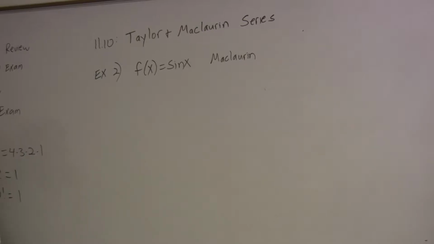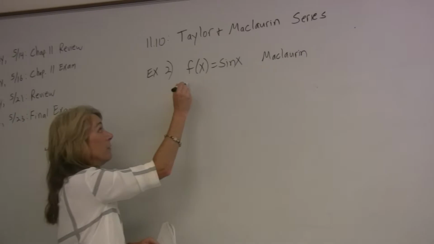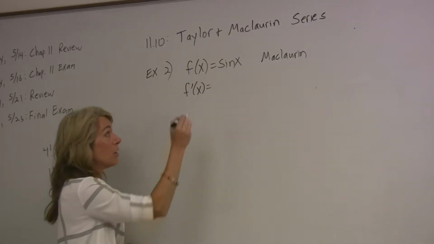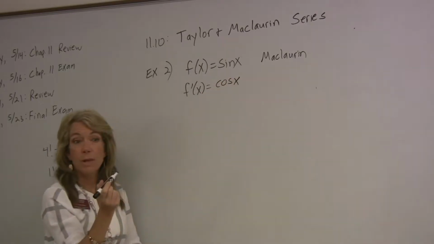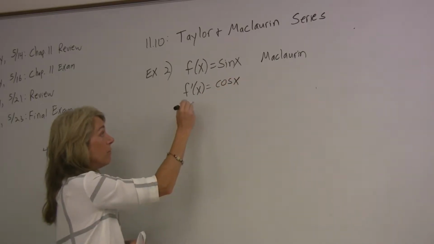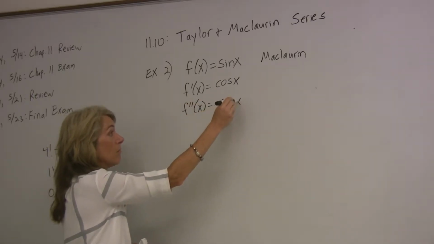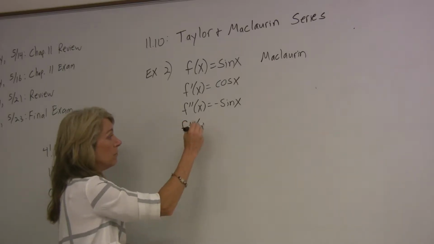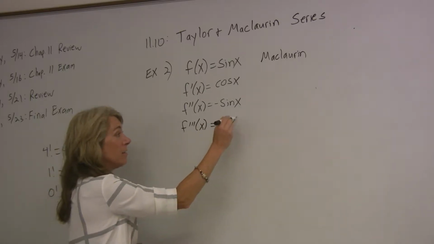So what do you think I should do? First, take the first derivative, which is cosine x. Take the second derivative, which is negative sine x. Take the third derivative, negative cosine x.